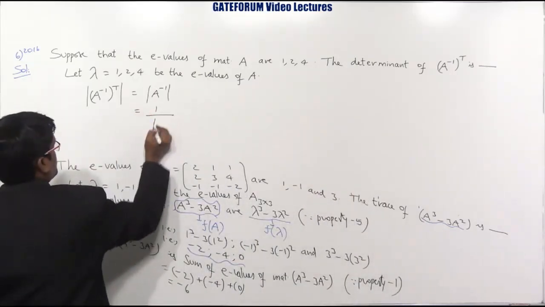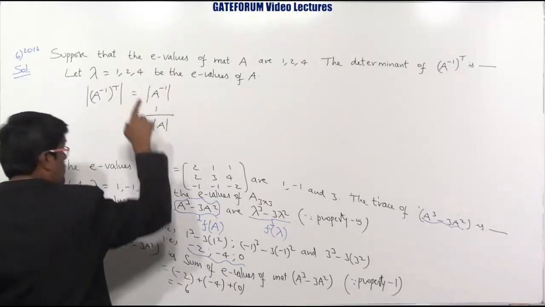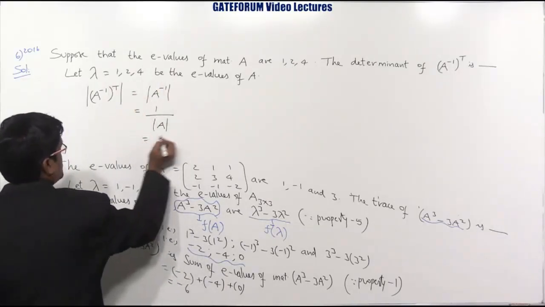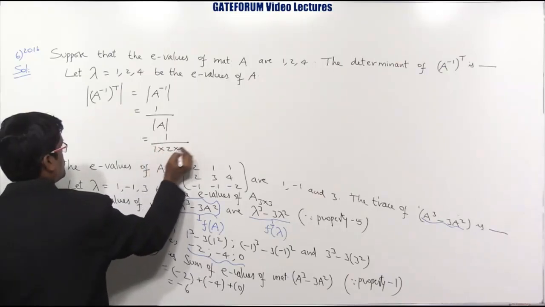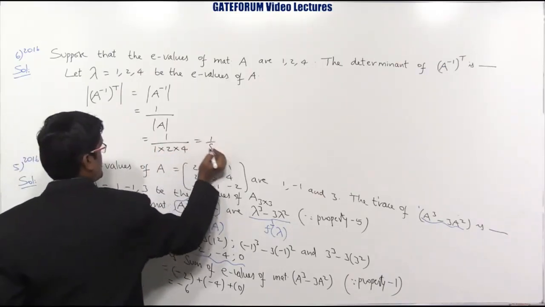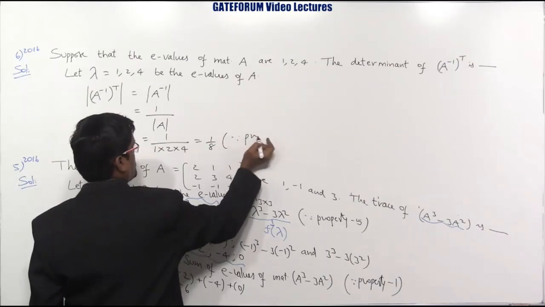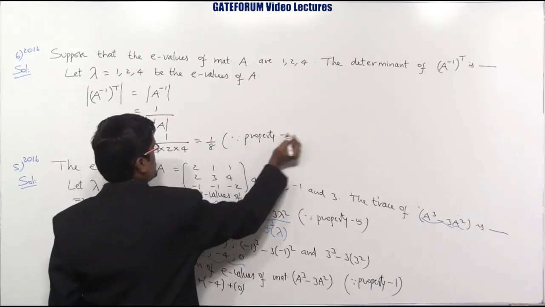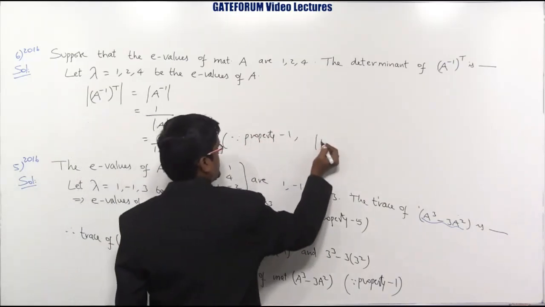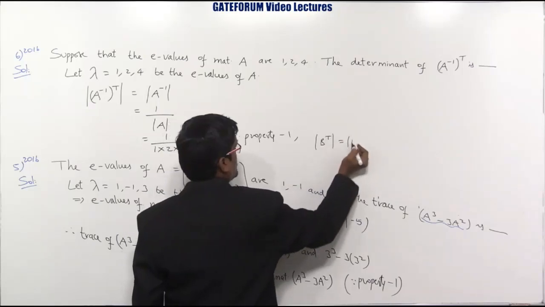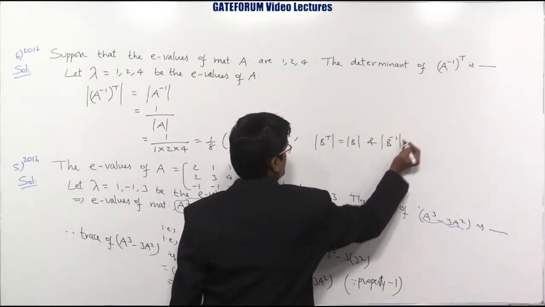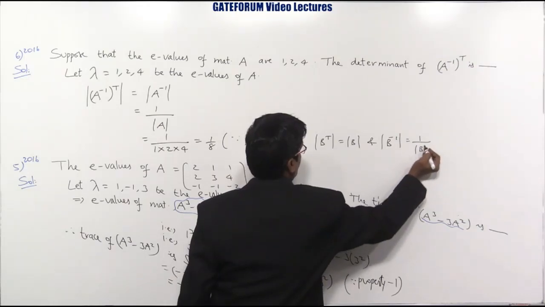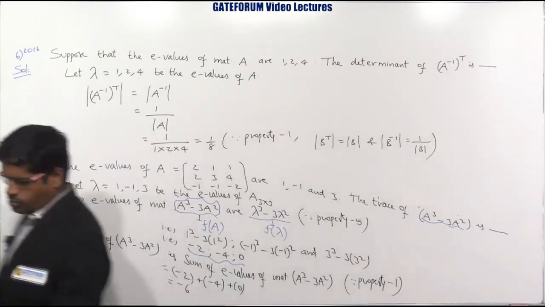Determinant A inverse is nothing but 1 by det A. The 2015 problem in the first day also I have done. Today, determinant A is the product of the eigenvalues, 1 into 2 into 4, so the answer is 1 by 8. Since property 1, det B transpose is equal to det B, and the determinant of the inverse of a matrix is nothing but 1 by det B. These are the points I use in this problem.